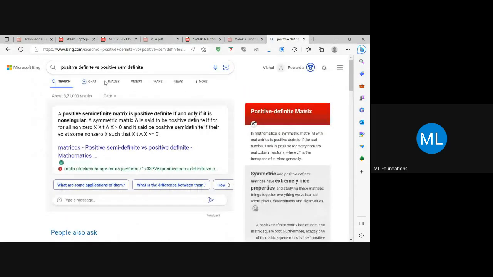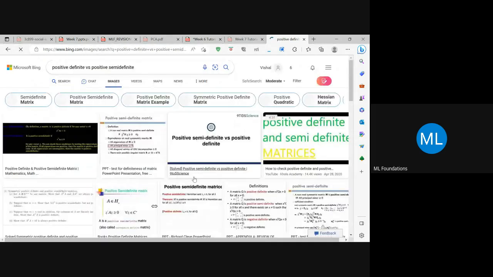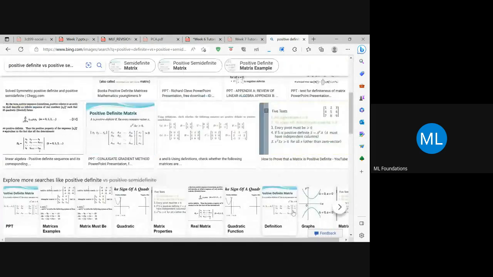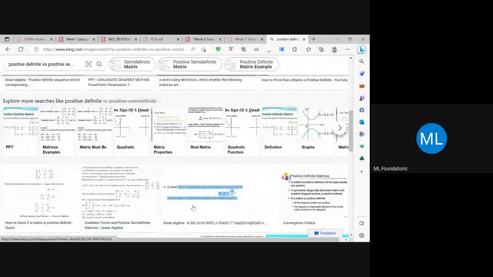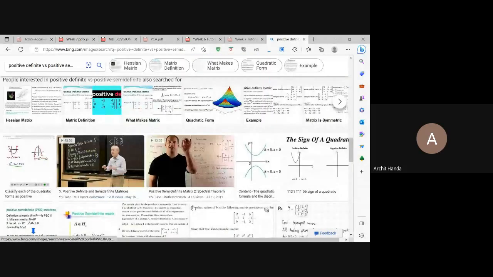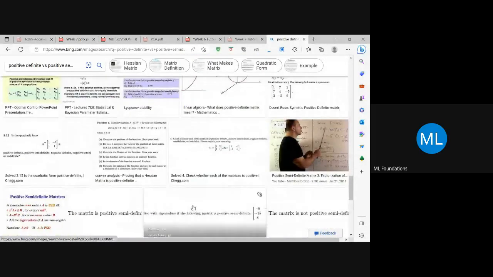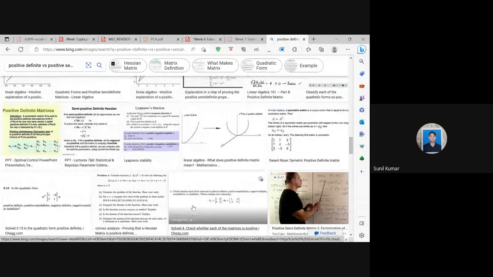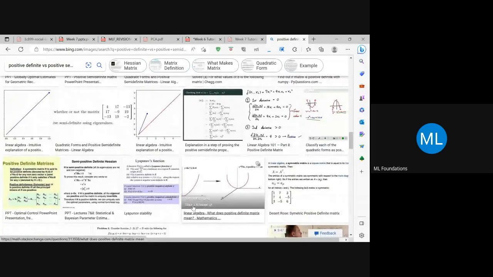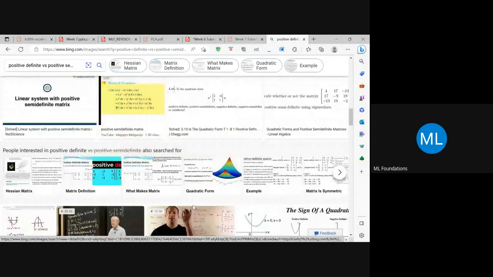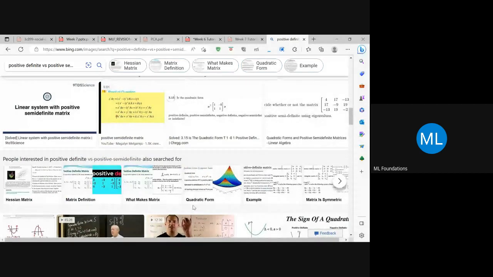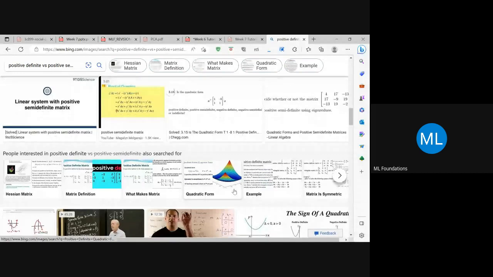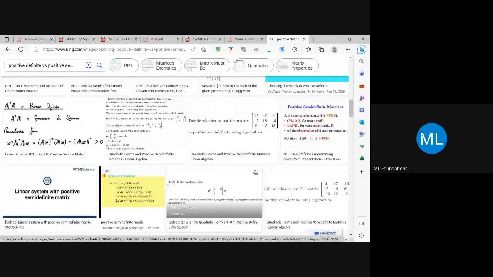The positive definite is always above, like a bowl going upward, on the positive side only. And the positive semi-definite is like a simple valley, or an inverted mountain, you can say. Not a mountain, it's a valley.